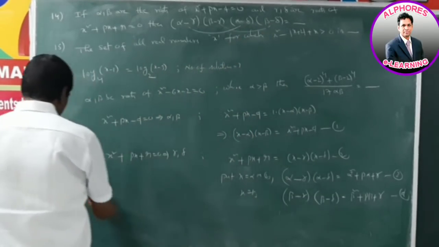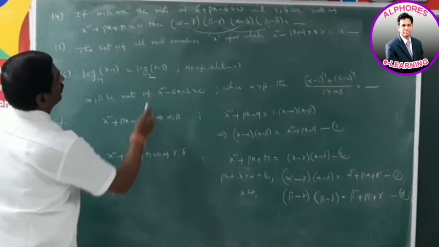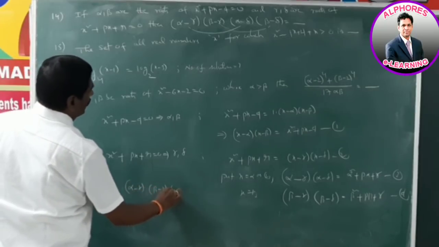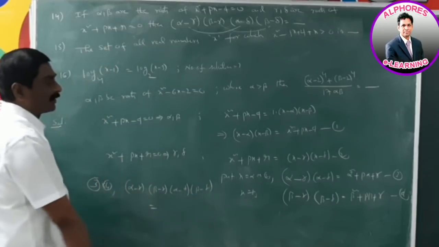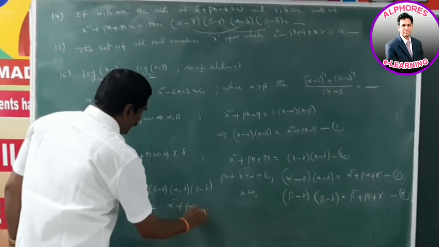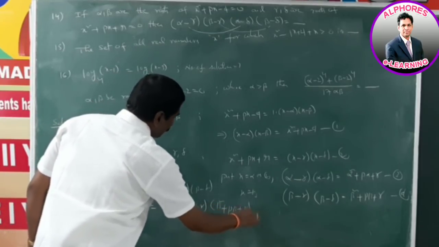So, 3 into 4. Now, we multiply 3 into 4. That is equal to (alpha² + p alpha + r)(beta² + p beta + r).